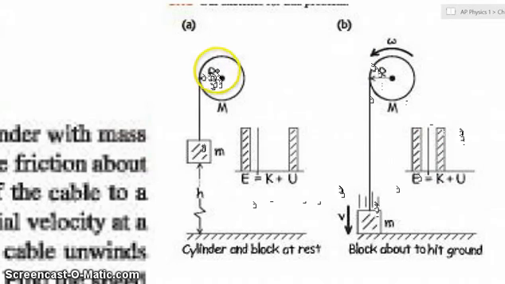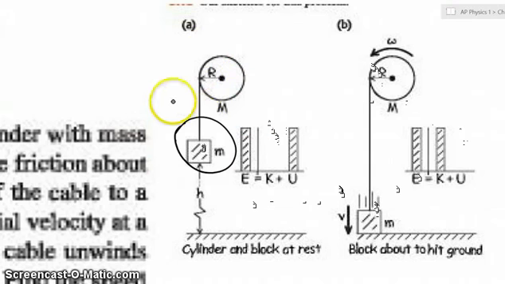Notice that this problem is different than the Atwood's machine where we used to have a block hanging off to the other side. For an ideal pulley where there's no mass, a block connected to the pulley with nothing else resisting the rotation would just fall with an acceleration of 9.8.